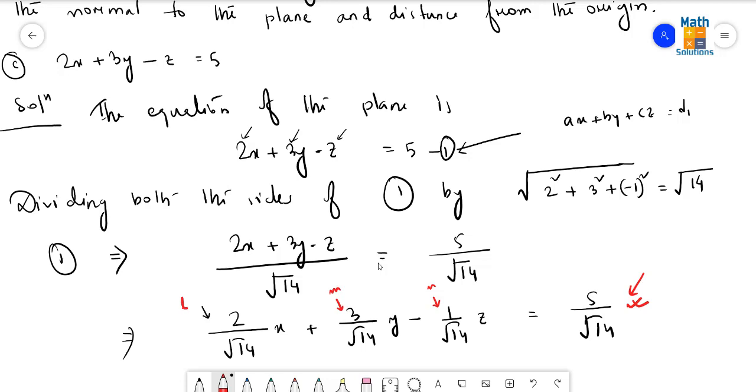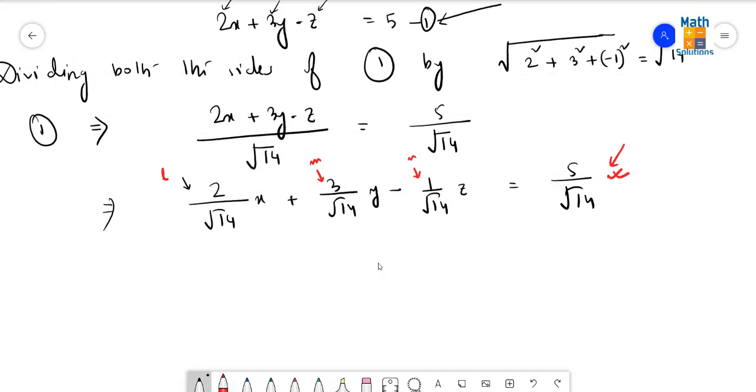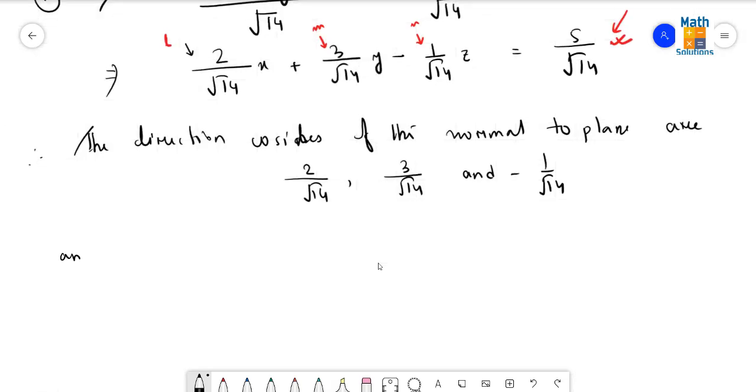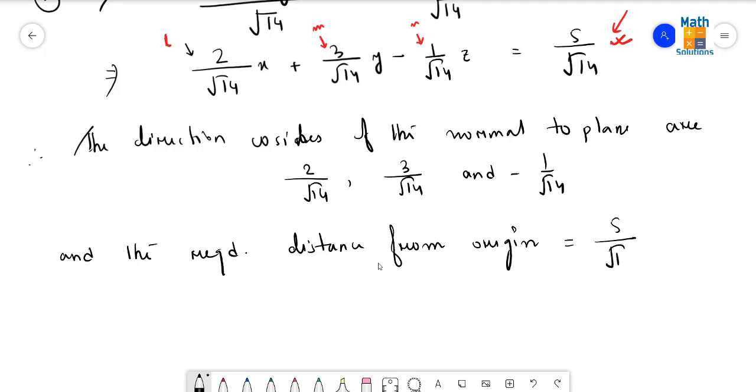So we can write: hence the direction cosines of the normal to the plane are 2 by root 14, 3 by root 14 and minus 1 by root 14, and the required distance from the origin is equal to 5 by root 14.